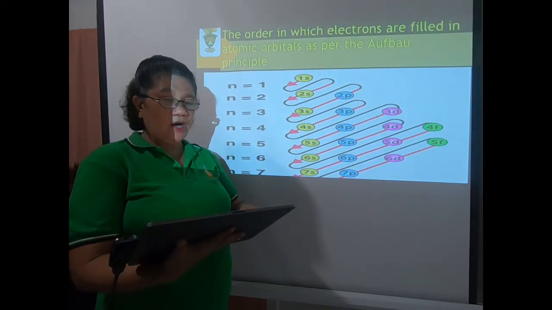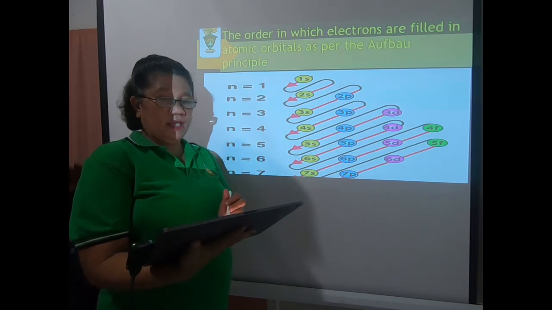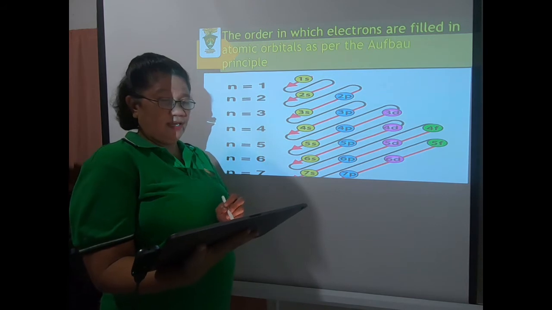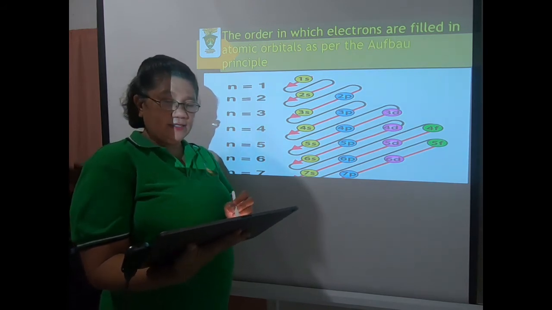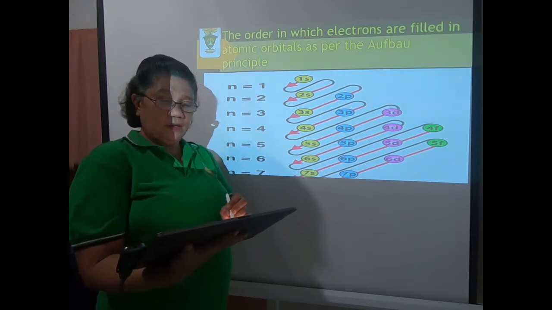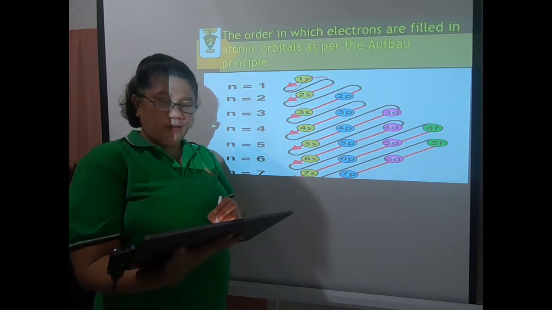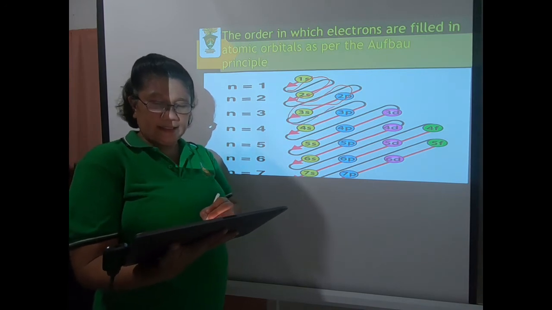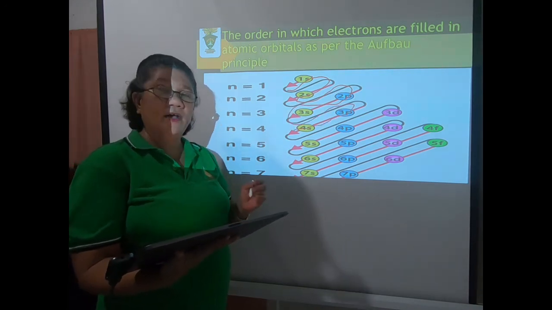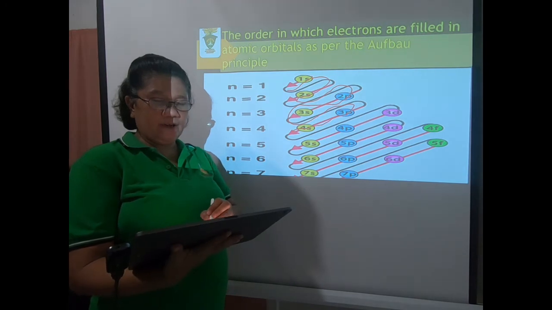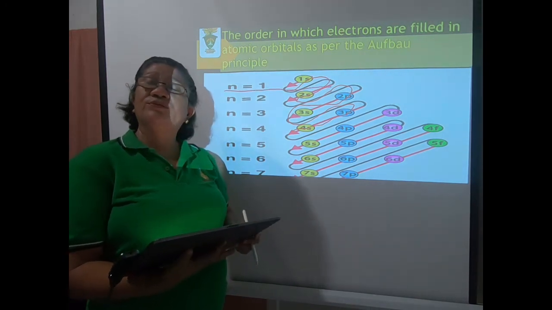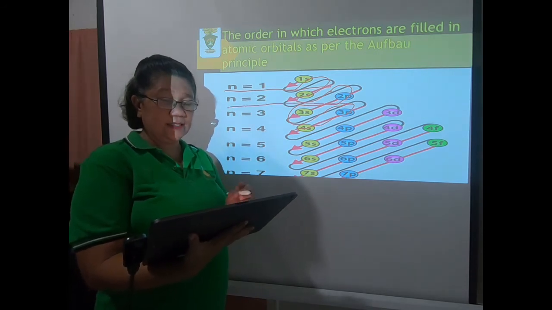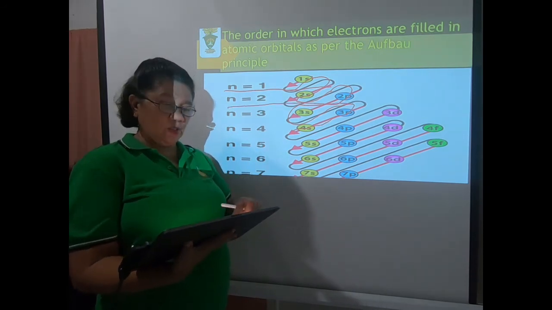So this is now the order of the filling of your electron configuration. Start with 1s, followed by 2s, then 2p, 3s, then 3p, 4s, and so on and so forth. So this is the first energy level, the ground state. This will start with the excited state, that is n=2, and so on and so forth.